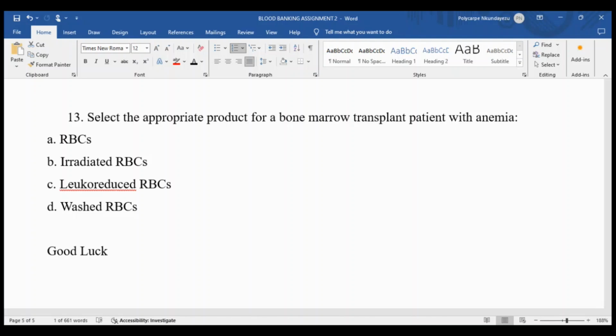Not yet. Okay. Helen, what do you think? Why do we choose irradiated RBC? Okay, irradiated RBC is good for these patients. Why do we choose irradiated RBC over all those other RBCs that are also good? Also leukocyte reduced RBC is good, and even washed RBC is very good.